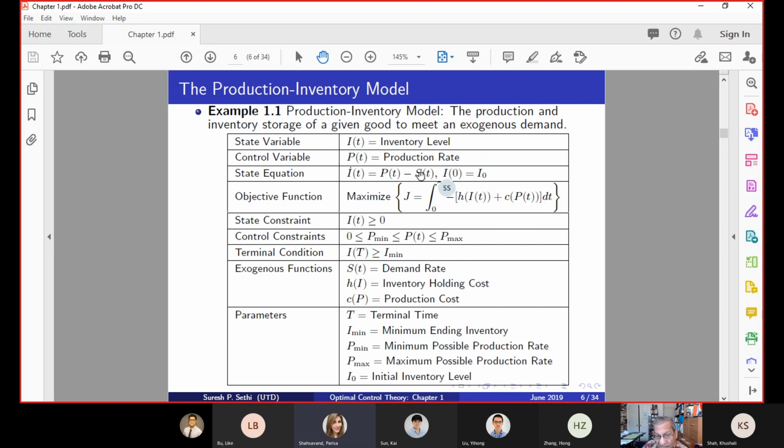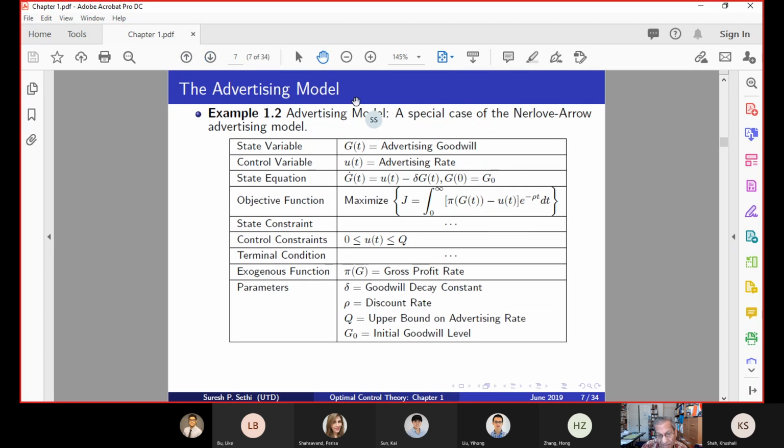System dynamics basically tells you that if I give you the advertising, you can tell me what the goodwill would be, and you can integrate this to give me the profit. But it does not tell you how to find the optimal profit. We have to change the different variables somehow to find the optimal level, so you can do simulation.